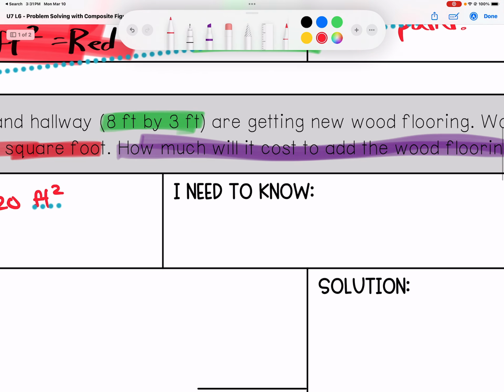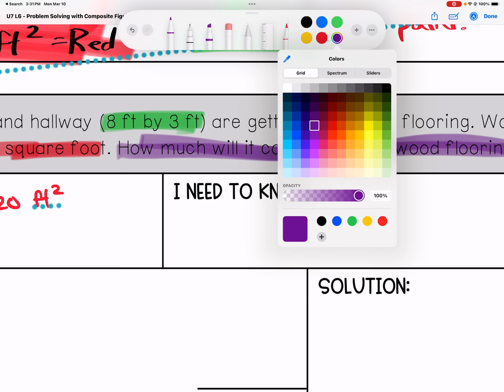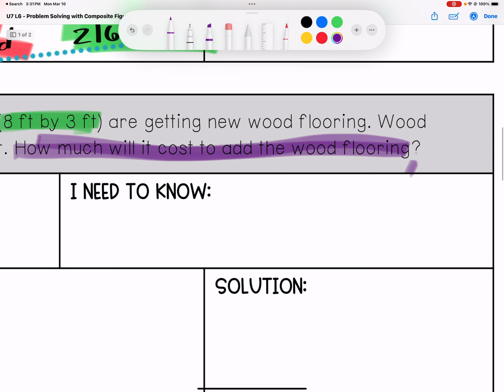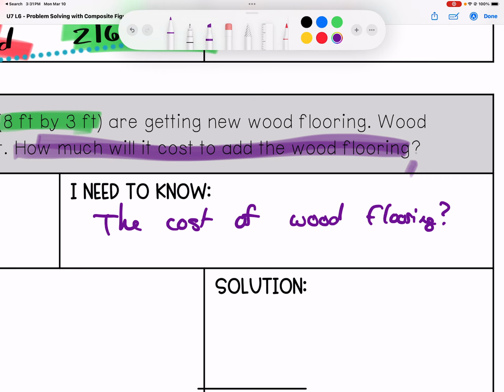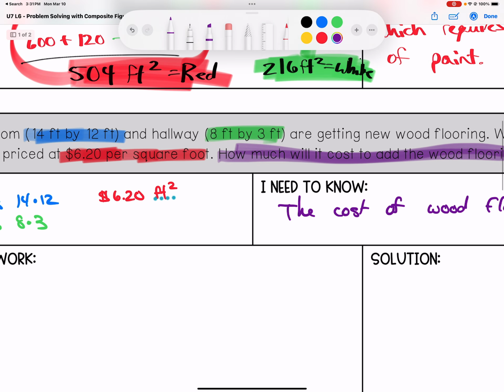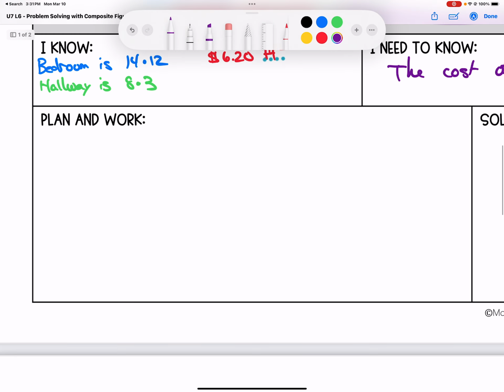And then the question is, there in purple, how much will it cost? The cost of wood flooring. Okay? So let's plan and work.